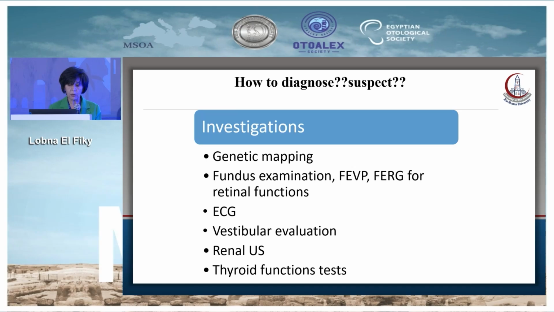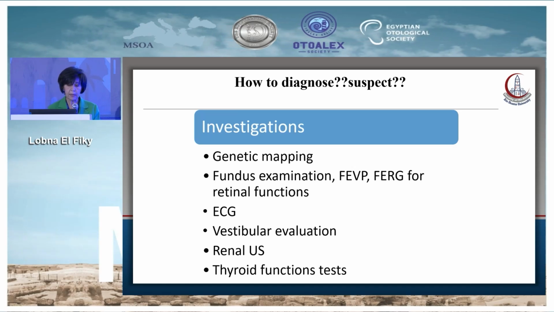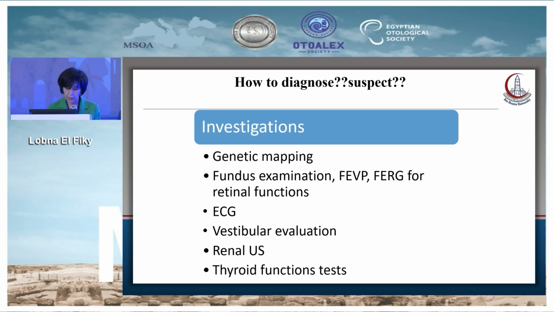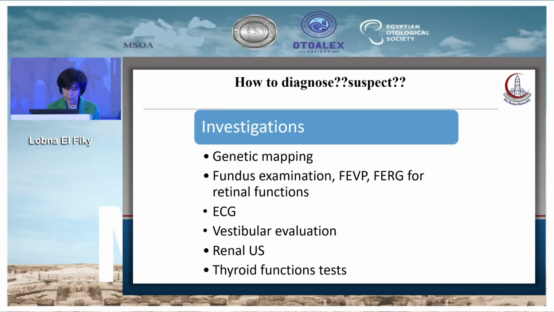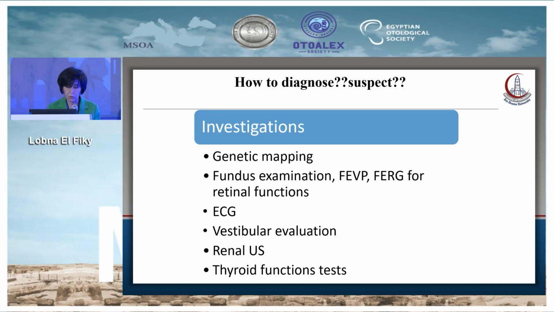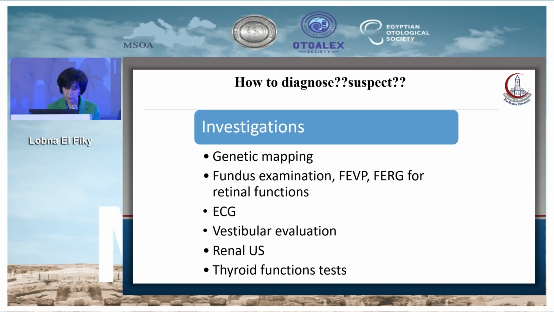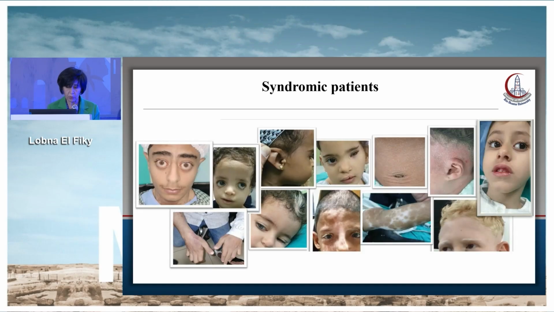Of course, there are a lot of investigations that can be done. Some can be done routinely as the ECG, the fundus examination, but others can be chosen for a specific situation. Of course, genetic mapping is the deciding factor, but it's not always available everywhere.